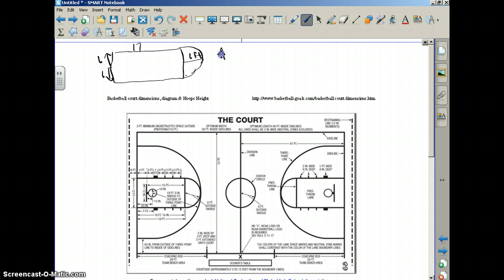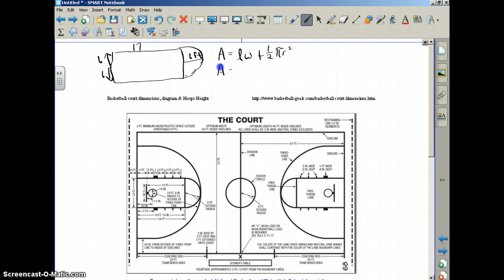So the area of our free throw section is the rectangle. Let's write down the formula. Length times the width of the rectangle plus, this is a semicircle, this is not a full circle, so it's a half of the area of the circle, which would be pi r squared.